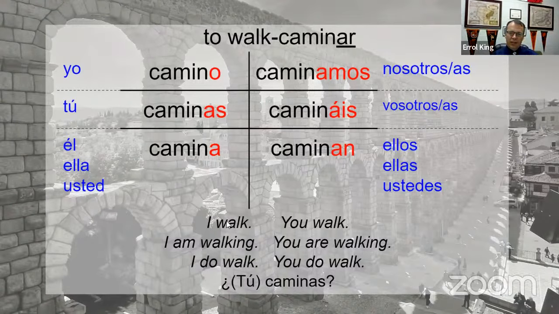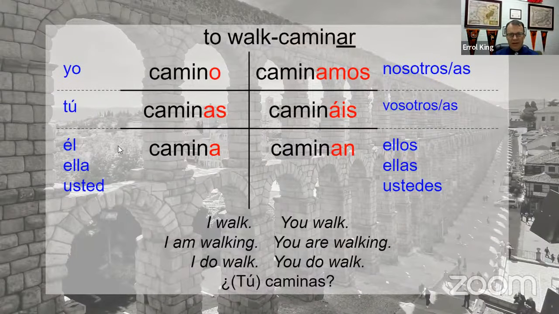Now, if we look down here, we see some other things. So the yo form, yo camino, can have three possible meanings. It can mean I walk, I am walking, or I do walk. It can be any of those three, depending on the context, what we're trying to say. The tú caminas, that would be you walk, you are walking, you do walk.